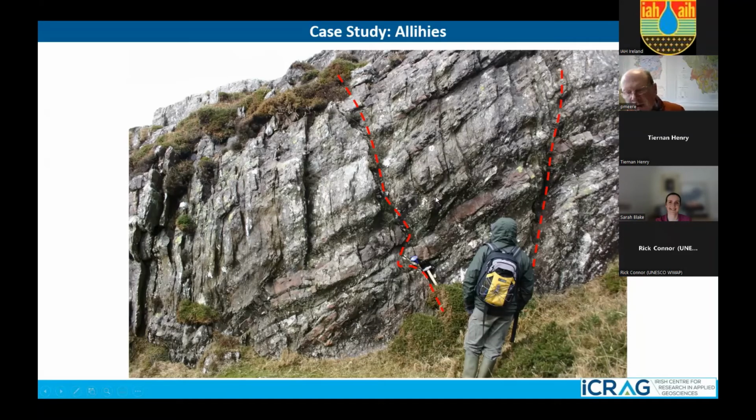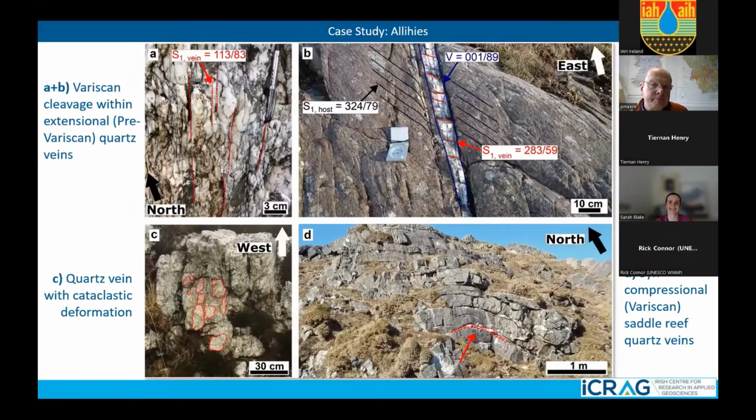And we're arguing, and have argued, and have now published that these dominant east-west structures are all basinal structures. When we look at the veins associated with these east-west structures, and I've been working down here for many years, sometimes you really miss the obvious. But when you look at these earlier veins, they're clearly deformed.